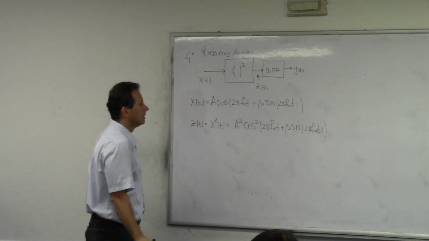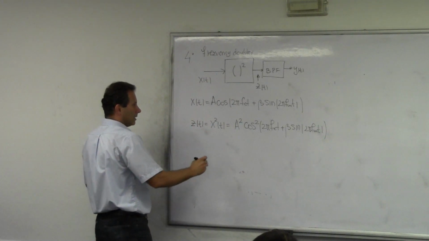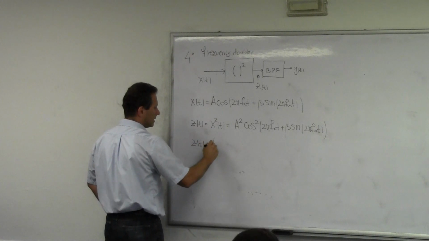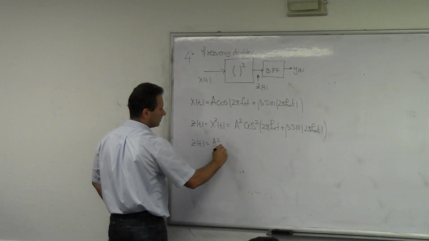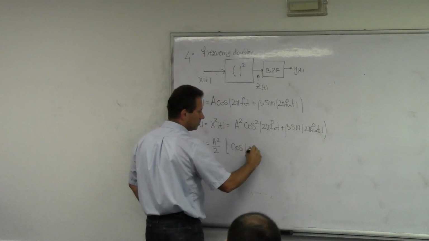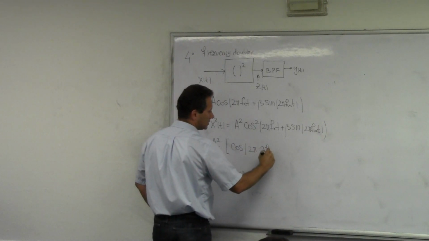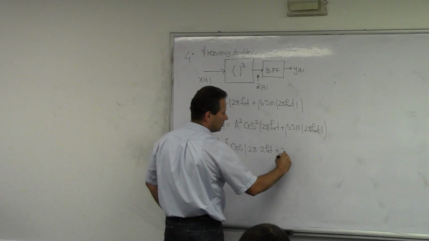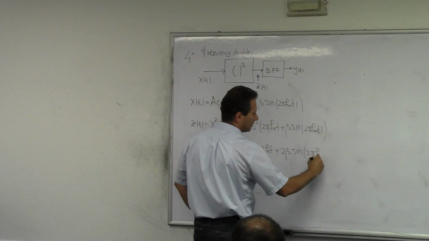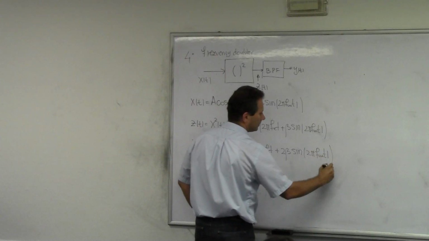Now, z of t can be written as a squared over 2 times cosine of the double angle, so it's going to be 2 pi times 2fct plus 2 beta sine of 2 pi fm t.